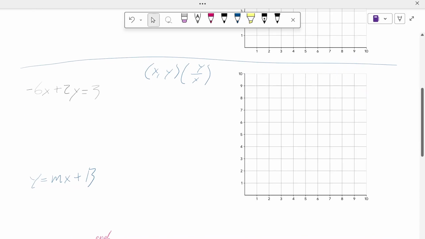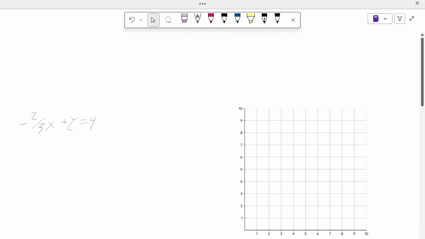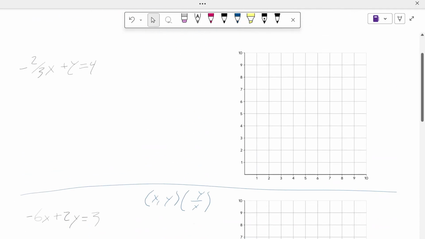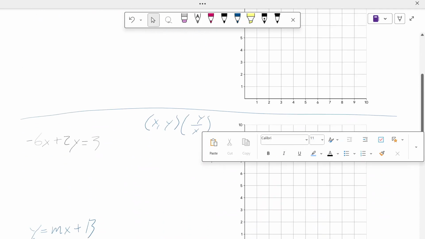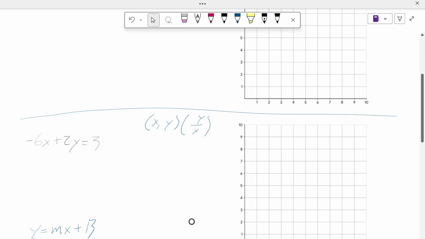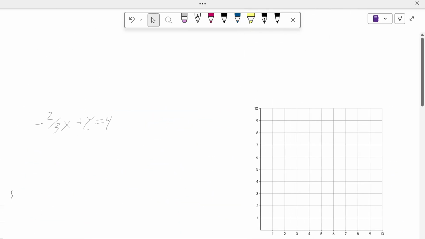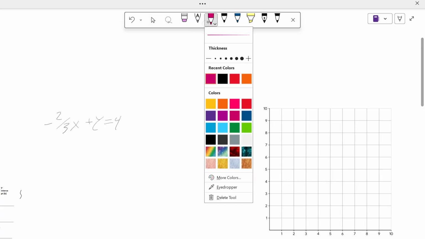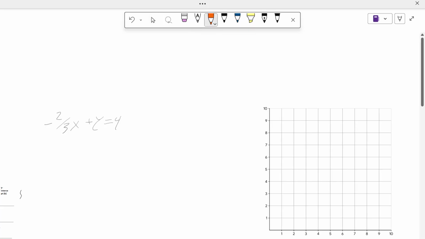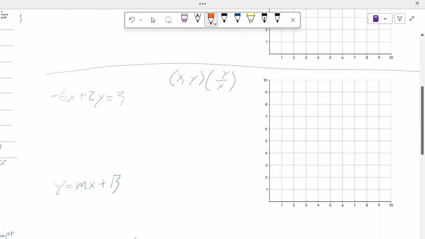You'll have to sketch your own graph. I will only do the bottom one for you, but the top one I want you to do all on your own. So I'll put a note that this one is just you, and then I will assist with this one.